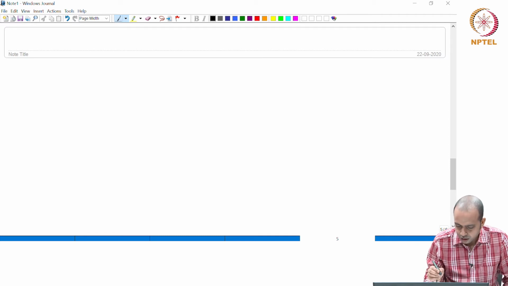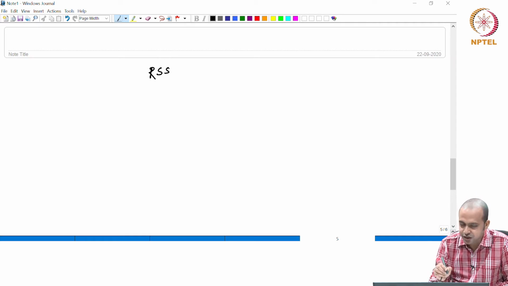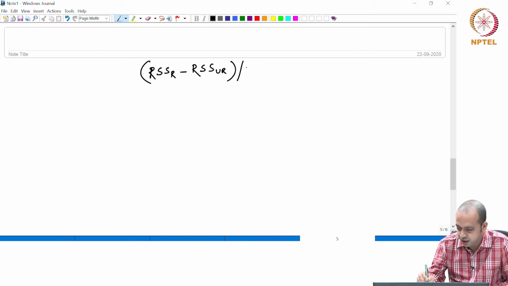The test statistic is defined in terms of RSS, not R square: RSS restricted minus RSS unrestricted, divided by M. And what is M?